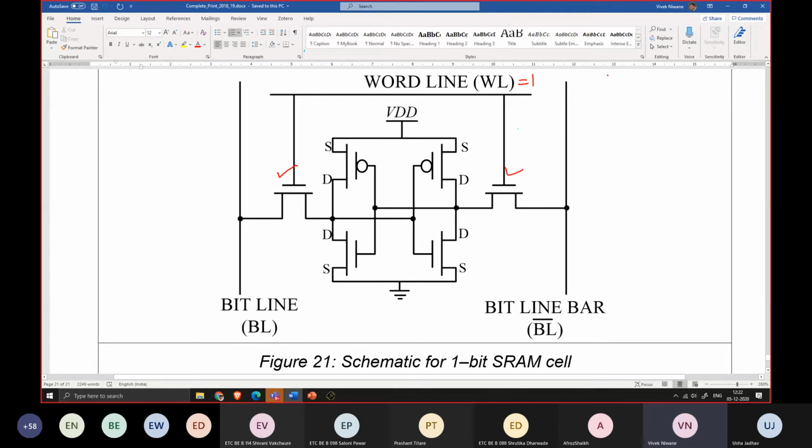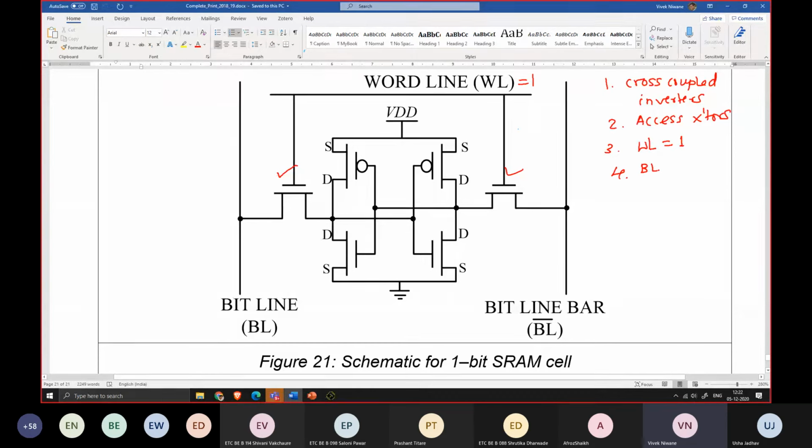I am telling you the theory. What is the theory? First, cross coupled inverters. Okay. Second, we will have access transistors, MOSFETs or transistors. We can activate access transistors if word line is equal to 1. Okay.